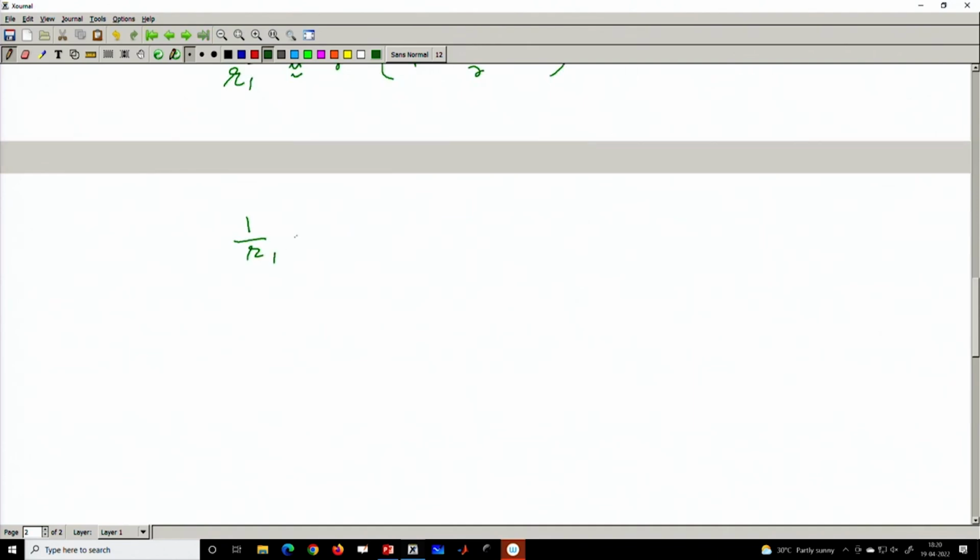So, 1 by R1 is nearly equal to 1 by R, times 1 minus d by R cos theta, whole to the power of minus half.